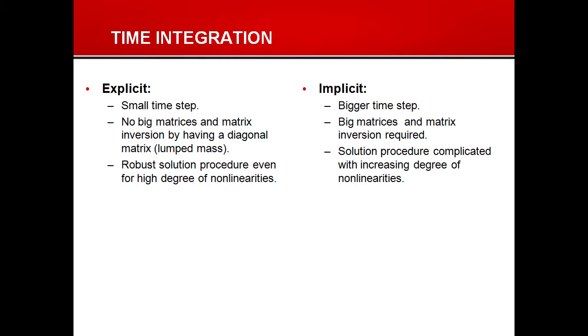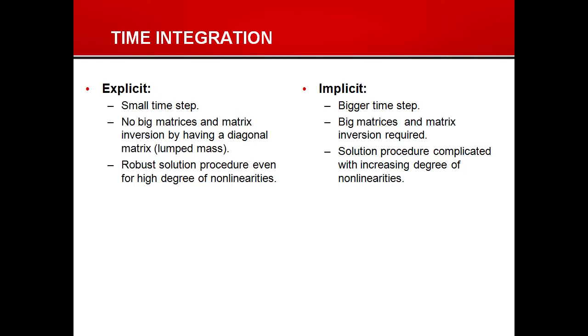Again, a little bit more on the explicit. Its very nature dictates that we're going to have small time steps. The one thing that's interesting about that is it's dictated by the model and not by the analyst. In an implicit code, you can go to bigger time steps, but it's up to the analyst to decide what's an appropriate time step, whereas in an explicit code, it's a function of the model.